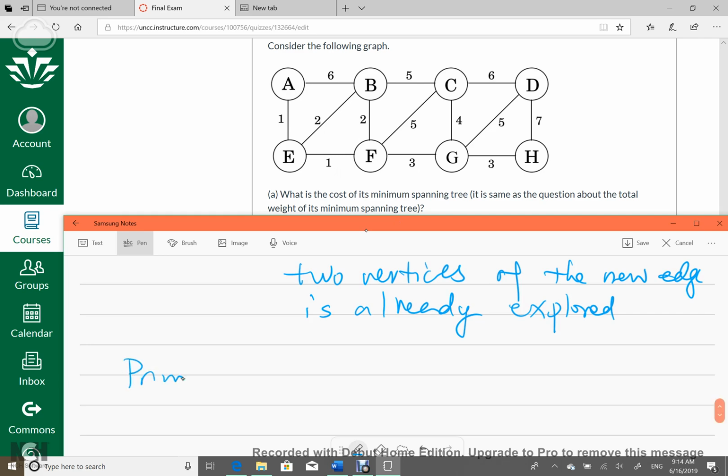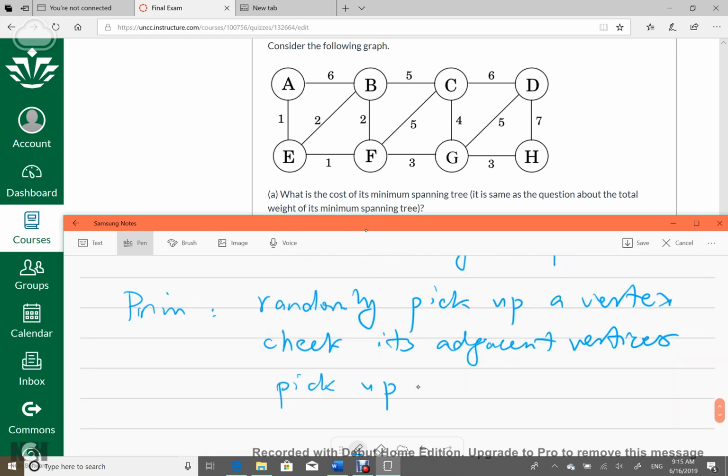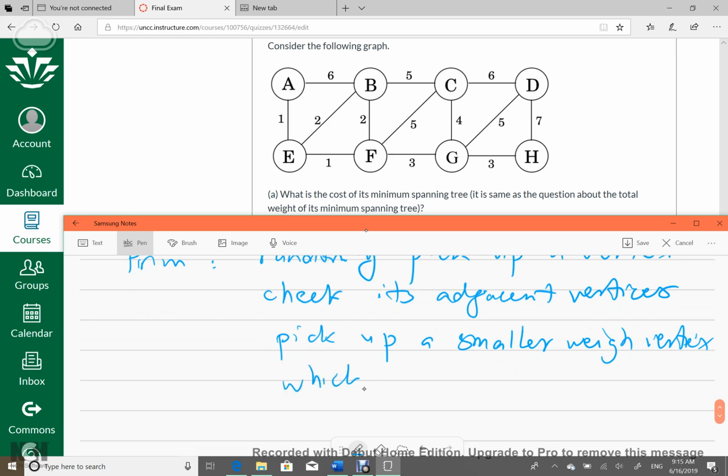And here I also want to help you review the Prim method. For the Prim method, randomly pick up a vertex and then check its adjacent vertices, pick up the vertex with a smaller weight which is not already discovered, right?